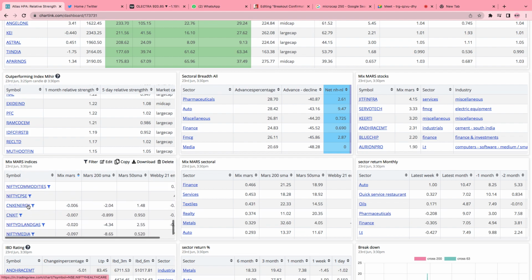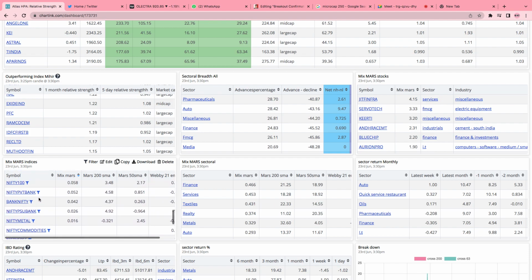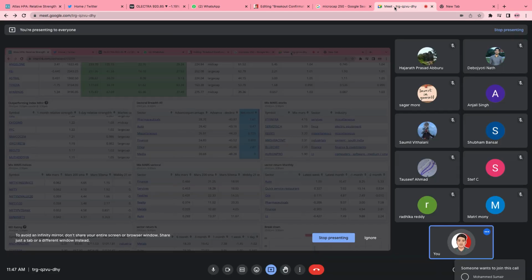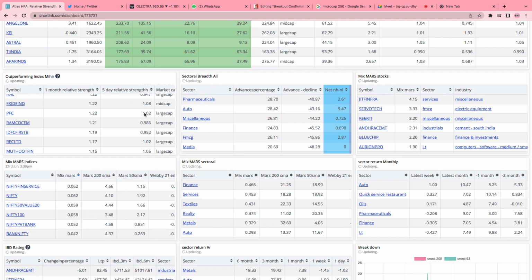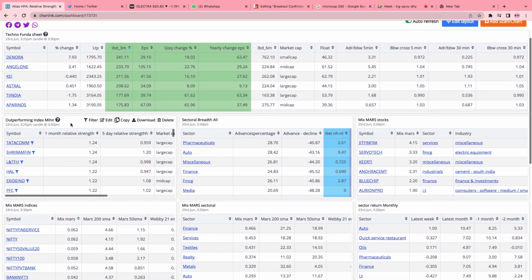And those which are not performing, IT, commodity, metal, PSU, they are all below Nifty 50, sorry, Nifty 100, so they are relatively underperformers. Okay, so then moving on, here I have stocks which only, okay, let me finish this first. So now we have outperformers, okay.